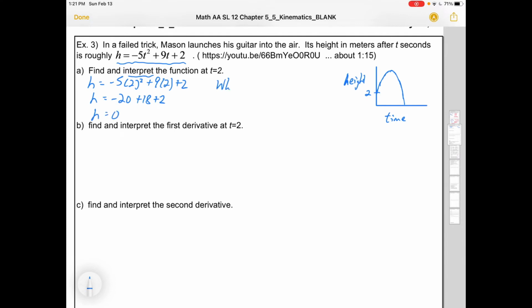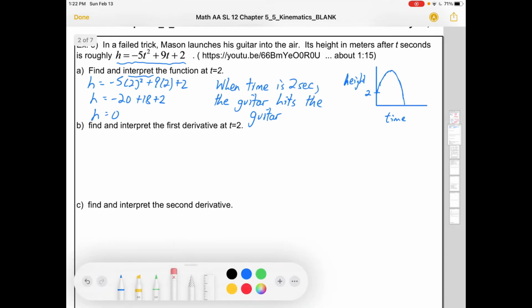So when time is 2 seconds, the guitar has a height of 0. The guitar hits the ground. And after that moment, this model is no longer valid because it's not like the guitar drills into the earth. Guitar hits, not hits the guitar, but hits the ground.